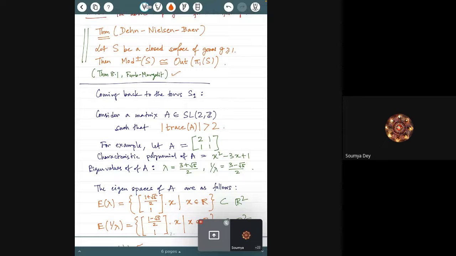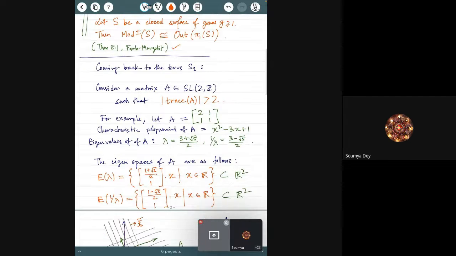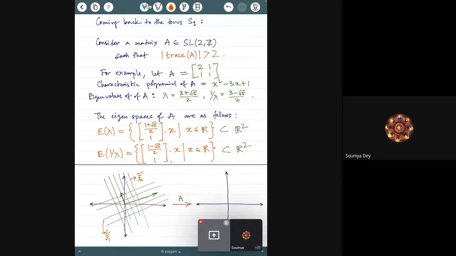All right. So our aim is to see this mapping class group of the torus, which we have seen as SL2Z, the matrix group. Now we'll see a specific example of elements here.